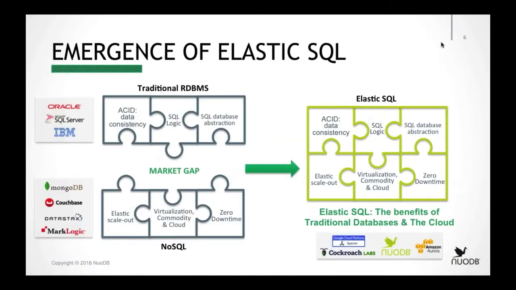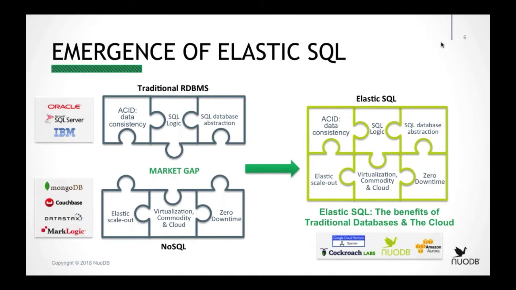So at a high level, as I mentioned earlier, the benefit of Elastic SQL is the combination of traditional SQL databases, such as Oracle, SQL Server, and DB2, with their ACID consistency, SQL logic, and abstraction, with the elastic scale-out, virtualization, commodity cloud architectures, and zero downtime that some of the NoSQL vendors provide. And today there's this market gap, where you have to choose one or the other.